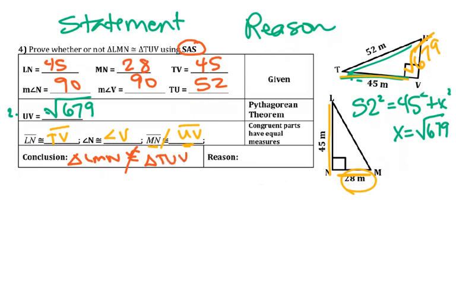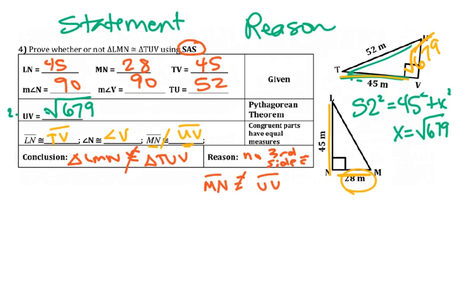And the reason is because there's no third side congruent. Or you could say that MN is not congruent to UV. That's basically what threw the whole thing apart. So we're just proving that those two are not congruent. Not that I don't have enough information. I do have enough information.